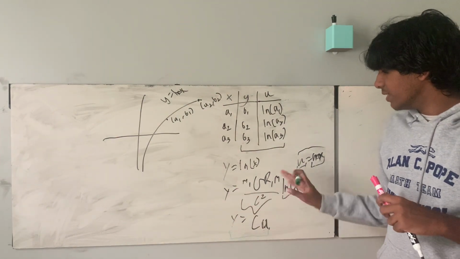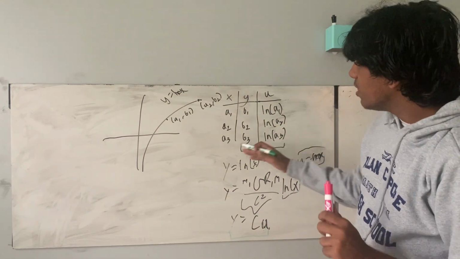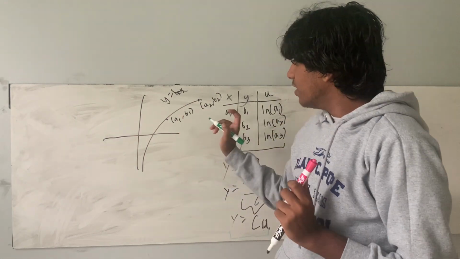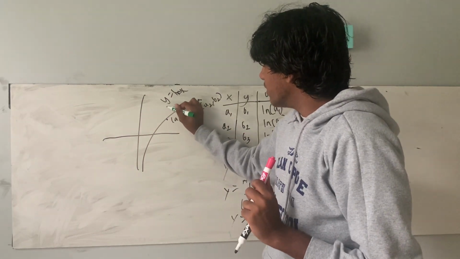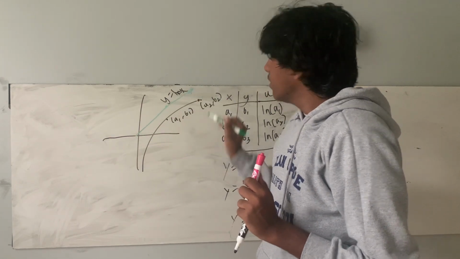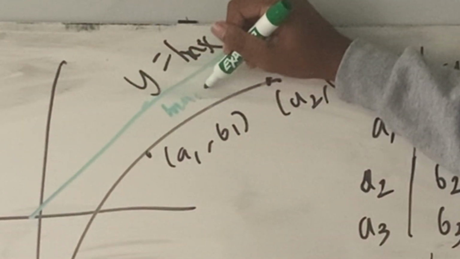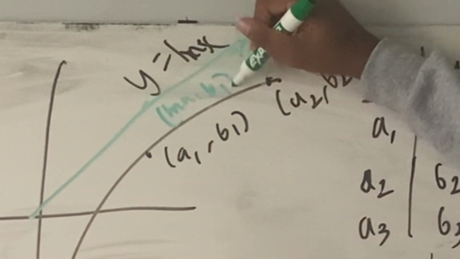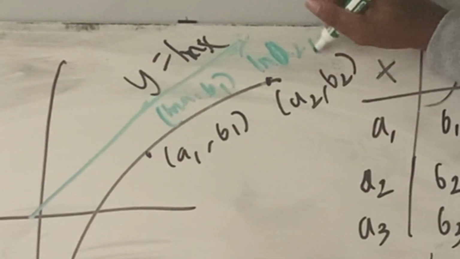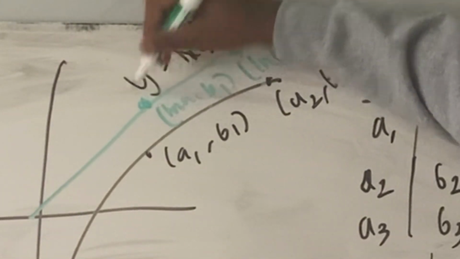We're going to get a new linear graph in y and u terms. So let's do this. ln a1 could be any arbitrary value right here, and we're going to get something like this. Let's just label it ln a1, b1, and ln a2, b2, from this point and this point.